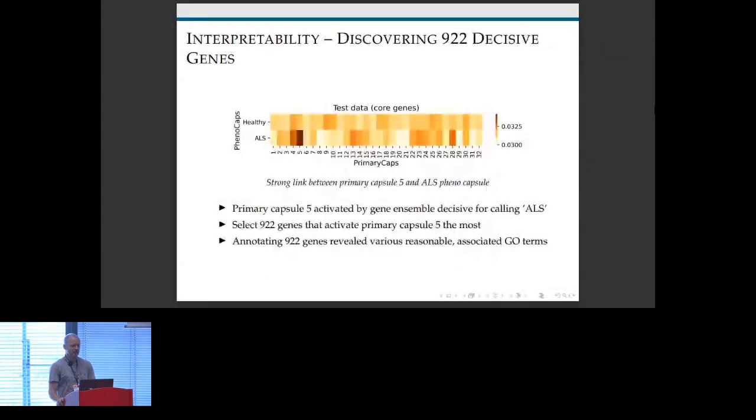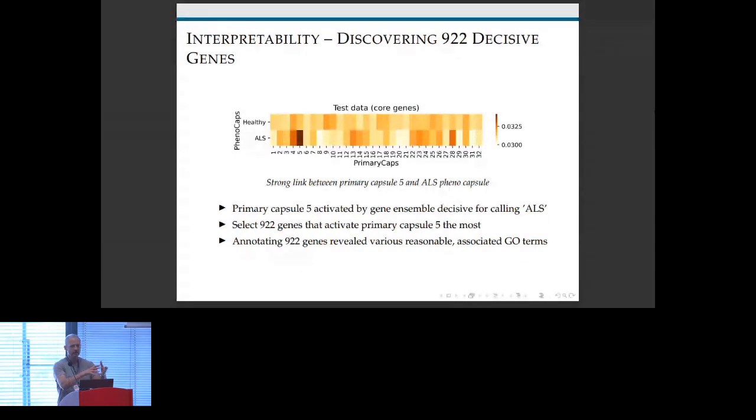All right. So then this is about the interpretability. We discovered 922 genes that were decisive for the classification process to work. We studied the capsules, and we discovered one capsule firing the most. The good thing with capsule networks is you can really go into the capsules and look, because you have a wholly different set of parameters, the so-called coupling coefficients, which do not apply for normal networks.